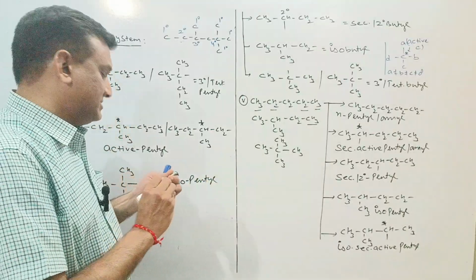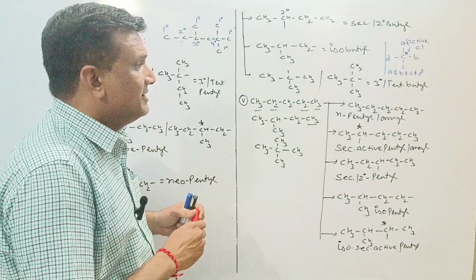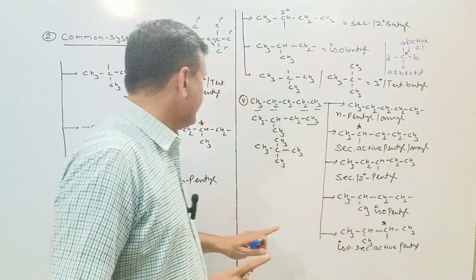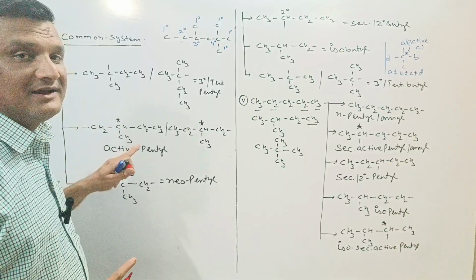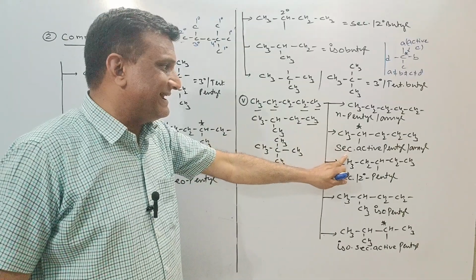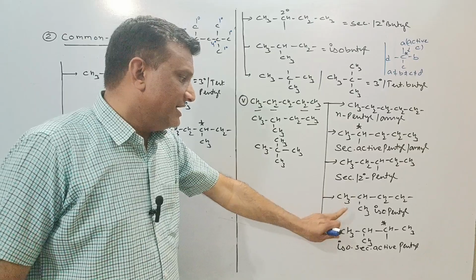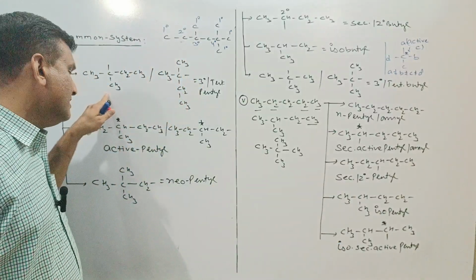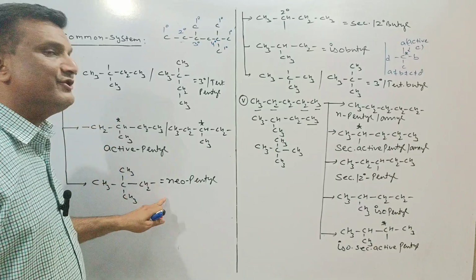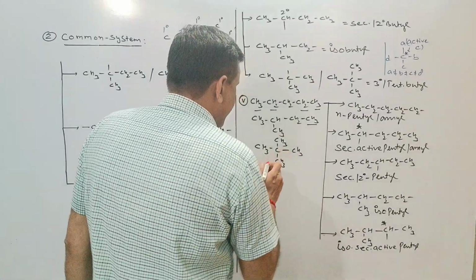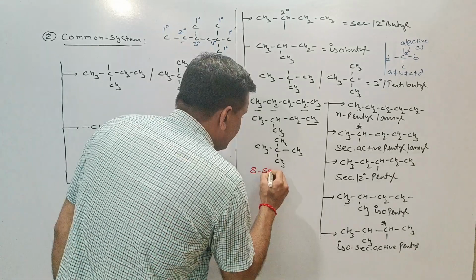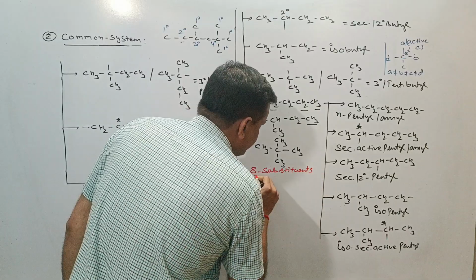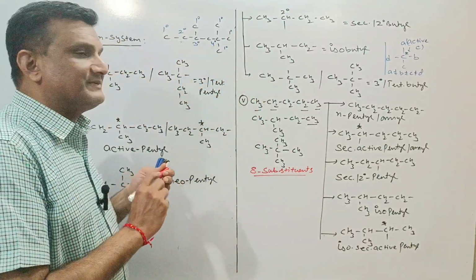So if we go with the substituents for the 5 carbon, then here will be the formation of 1, 2, 3, 4, 5, 6, 7 and 8: n-pentyl, secondary active pentyl, secondary pentyl, isopentyl, isosecondary active pentyl, your 3-degree pentyl or tertiary pentyl, active pentyl and neopentyl. So we can say that you have to learn 8 substituents. So this was about the important parts of the substituents.